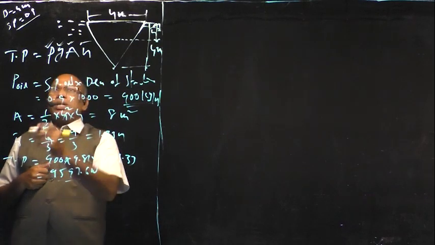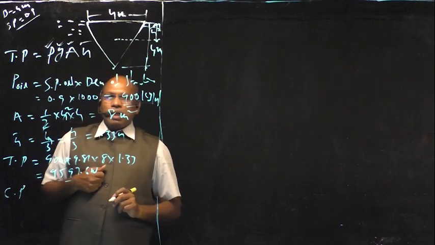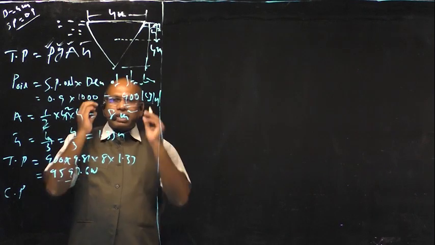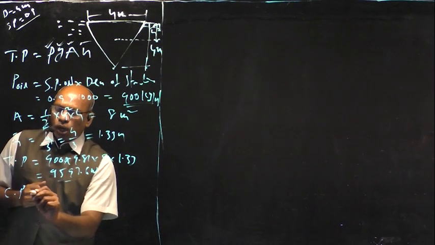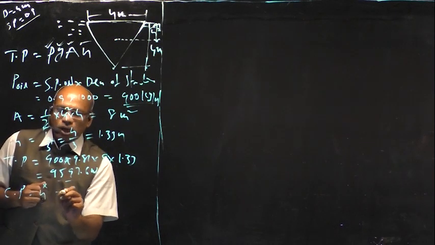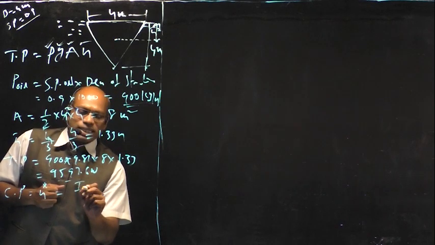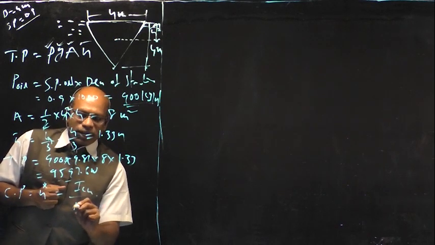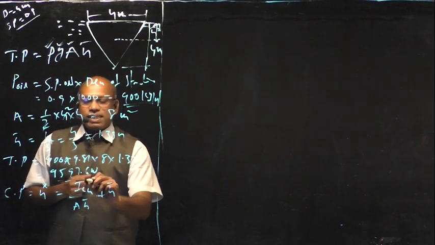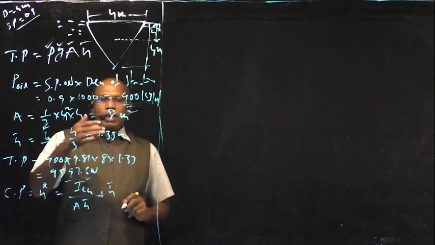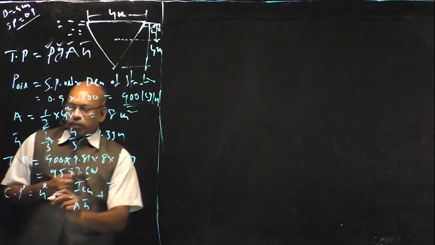Now next question, determine the center of pressure. In this problem there is one more question, that is the center of pressure. Center of pressure Cp, or H star, I have given one formula, that is equal to ICG divided by A H bar plus H bar. ICG is the moment of inertia about the centroid.